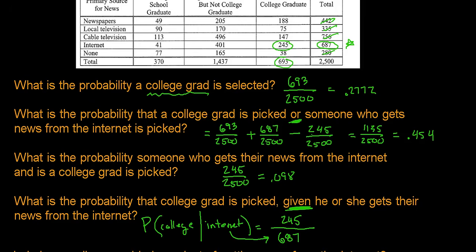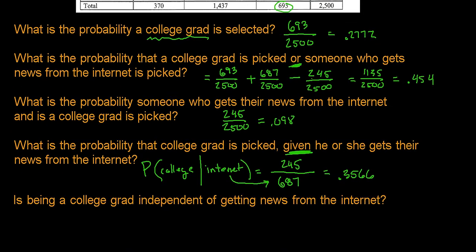So again, this is using the formula. On top goes both, college graduate and get their news from the internet. That's the 245 people we've already mentioned a couple times now. The denominator is just getting your news from the internet, the 687 people. And that is conditional probability. Your denominator changes because of that condition. So now 245 out of 687 is 0.3566.